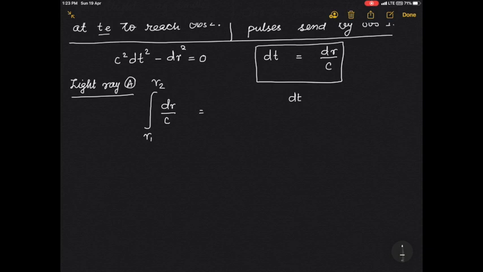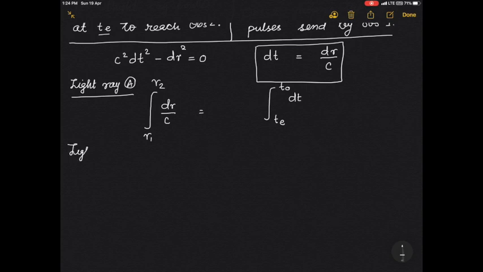The integration is from R1 to R2, so the light ray starts from the observer at R1 and goes to the observer at R2. On the time side, it starts at t emitted and ends at t observed.